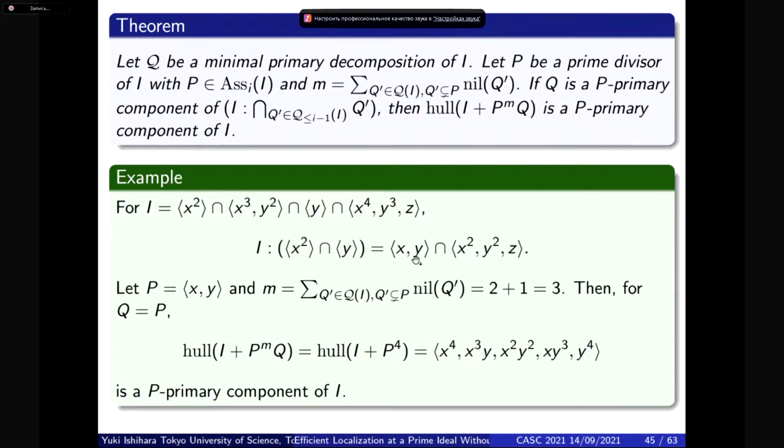So here we get this intersection of ideals. Then from these parameter divisors we take the parameter divisor P, and we compute the parameter component of I by using the equidimensional hull.